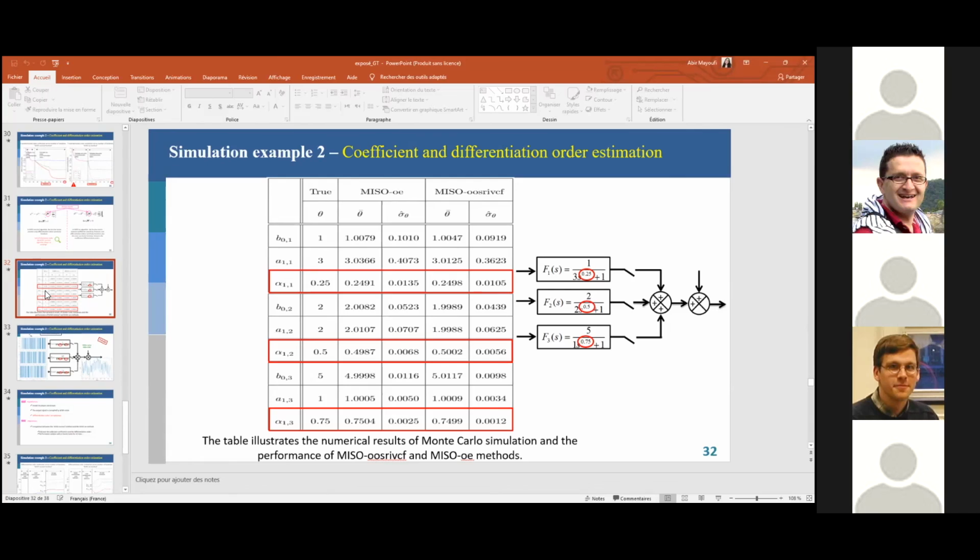Xavier, this is just a matter of a convergence test. As you know, these are iterative algorithms, so it depends on the convergence criterion that was implemented. One of the algorithms stops before the other. This is the only explanation.